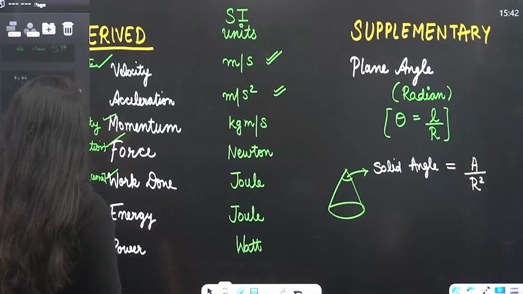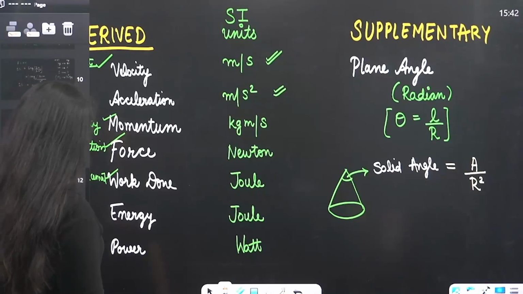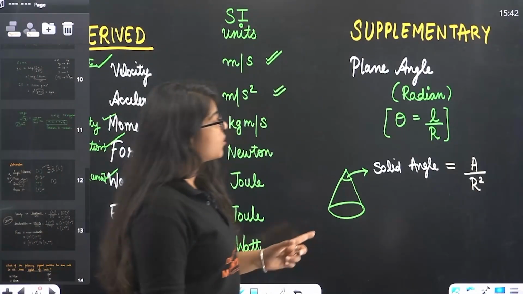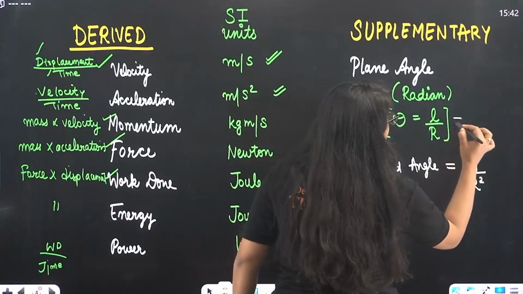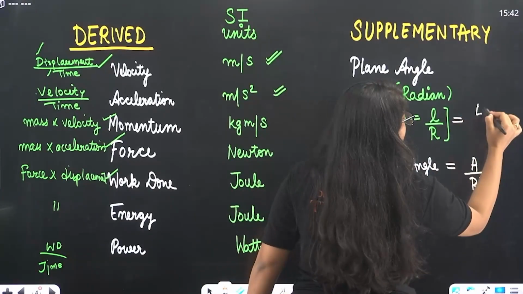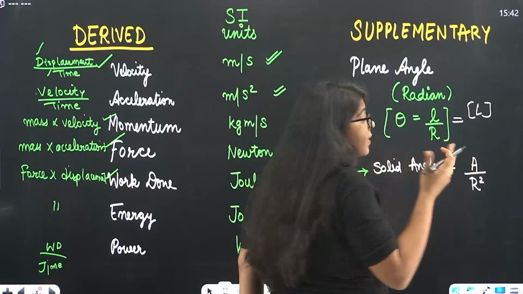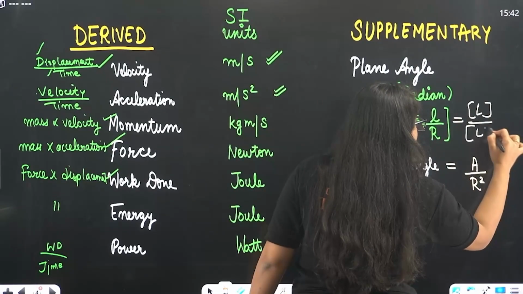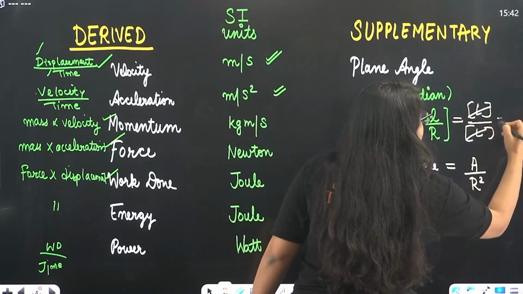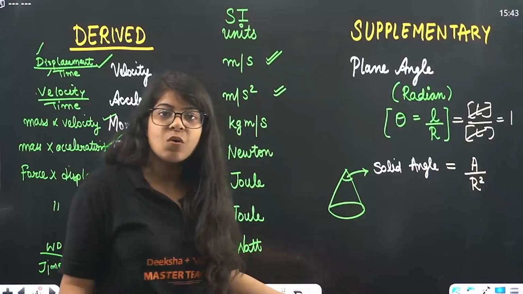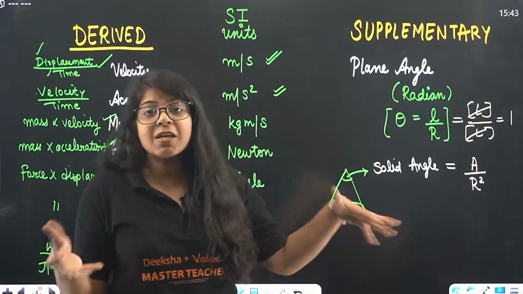Now beta, talking about angles, these have unit but they don't have dimension. Why am I saying this? L is length, so the dimension is L. Radius R is also length, so its dimension is also L. This cancels out and this comes out to be 1. So dimension is not there.